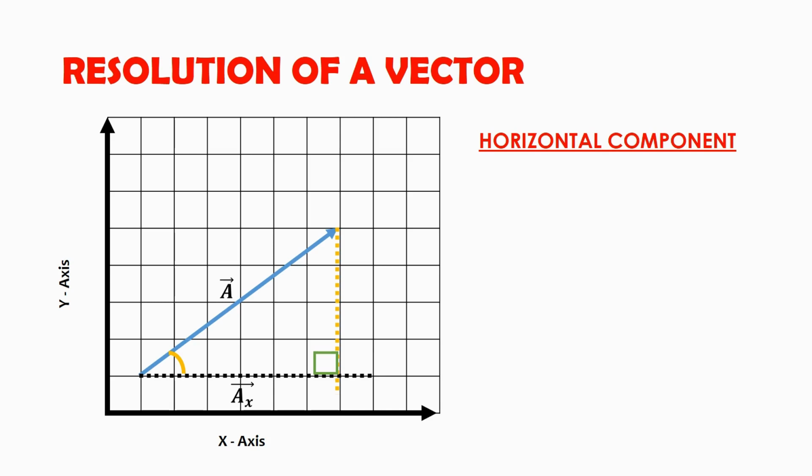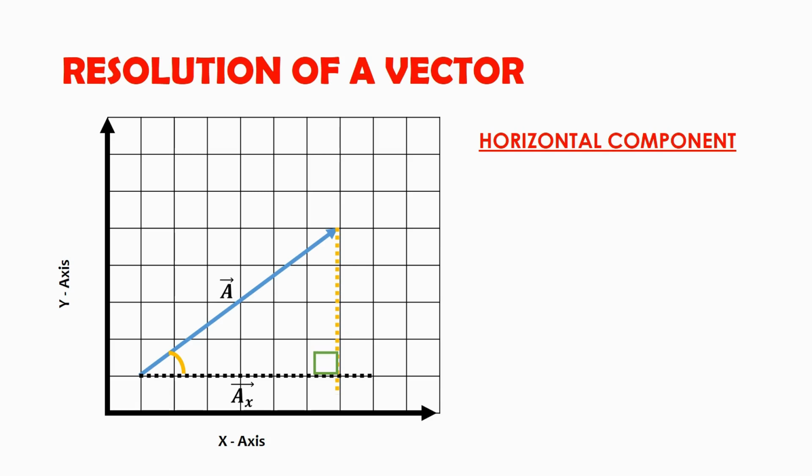We would be using AX and the hypotenuse, that is, the base and hypotenuse. By using this base and hypotenuse, we would be able to get the equation for calculating the magnitude of vector AX.